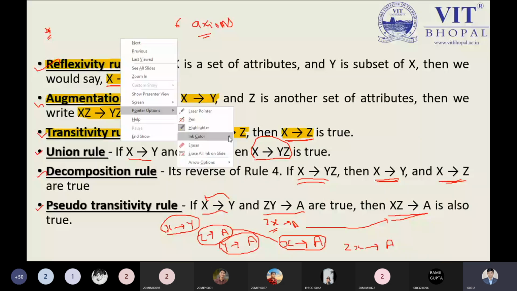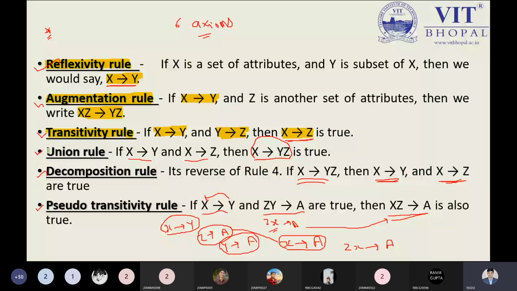Union is another axiom, and it is required to solve our problem. Let me explain.